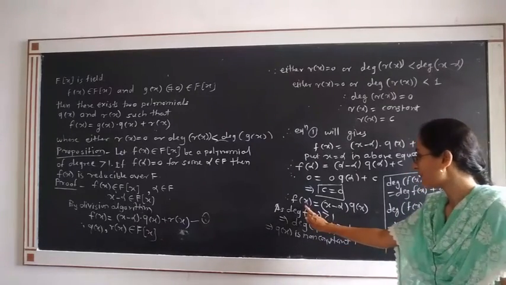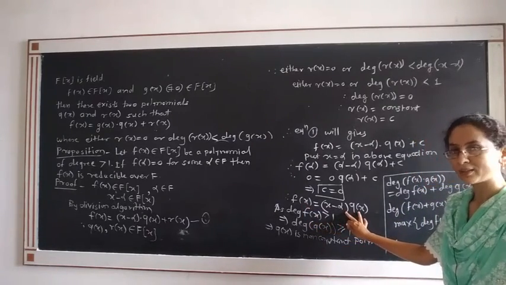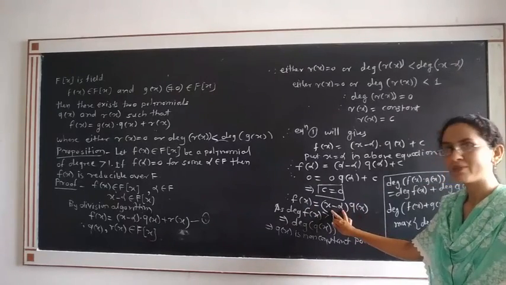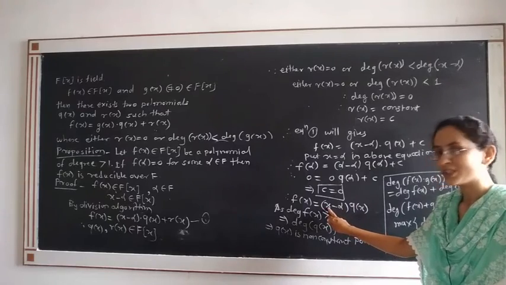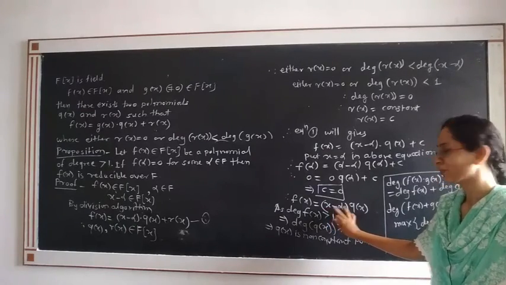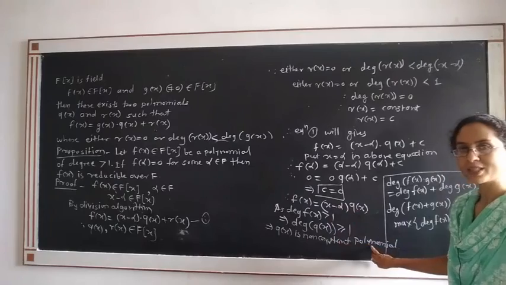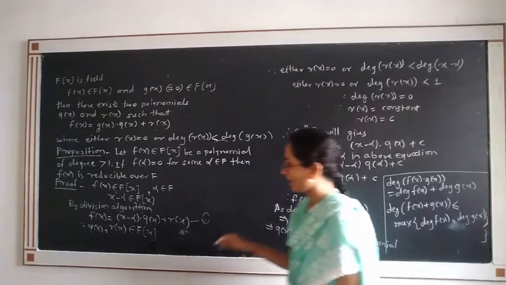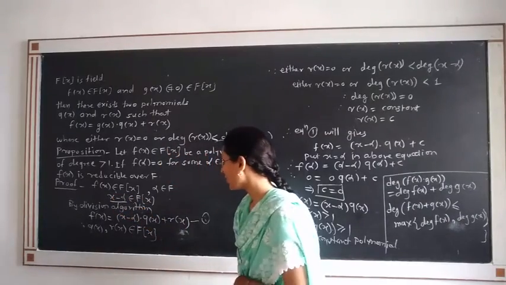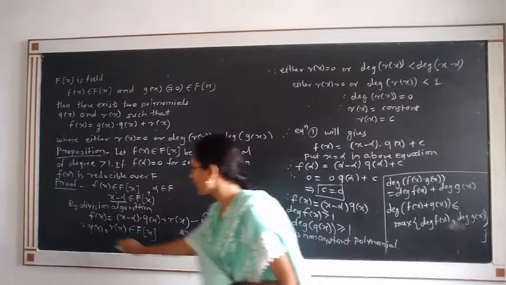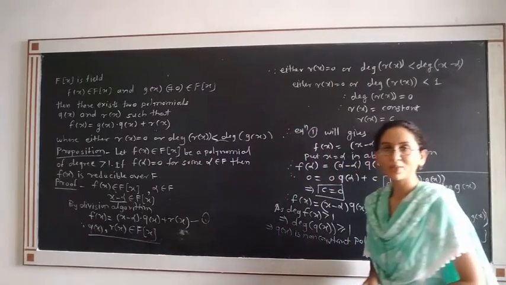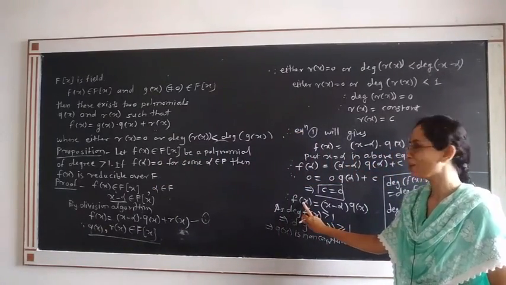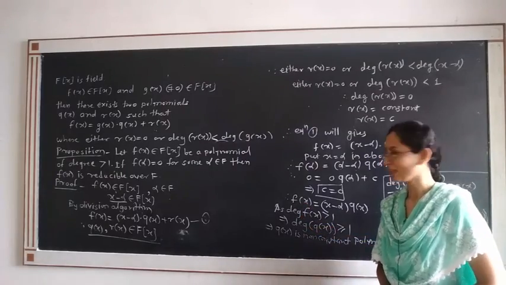And if f(x) is factored into two factors, first is x minus alpha, another is q(x): x minus alpha is non-constant because it is a linear polynomial, first degree polynomial, and q(x) is also a non-constant polynomial, and both the polynomials x minus alpha and q(x) belong to F[x]. Both the polynomials are from F[x]. Therefore, f(x) is a reducible polynomial by the definition of reducibility.